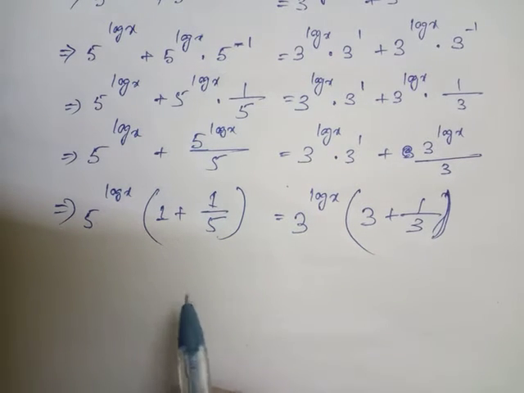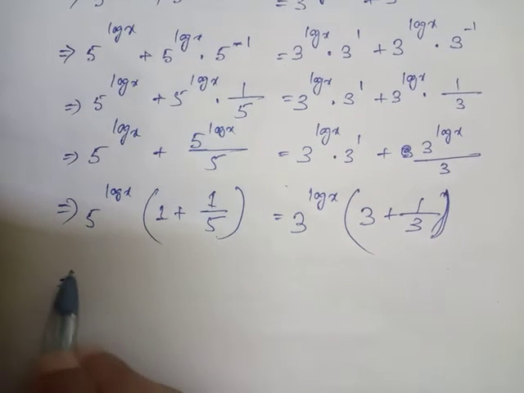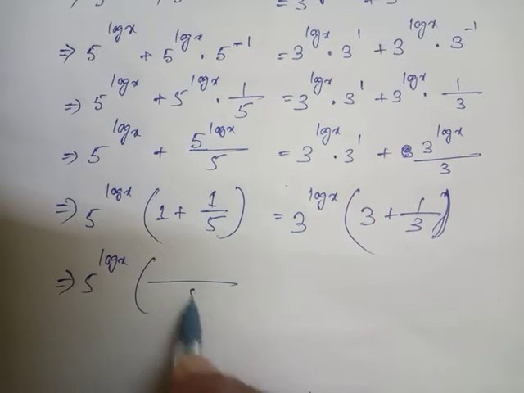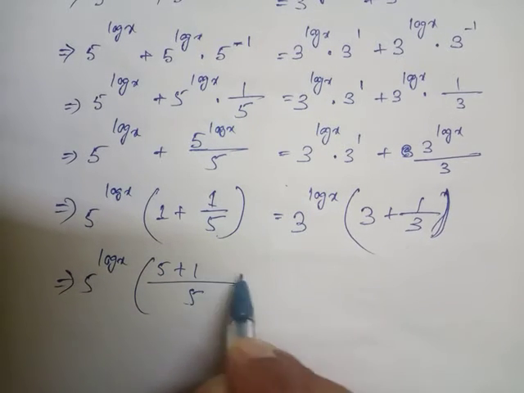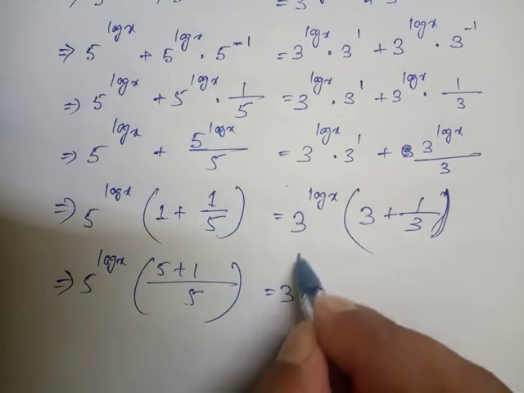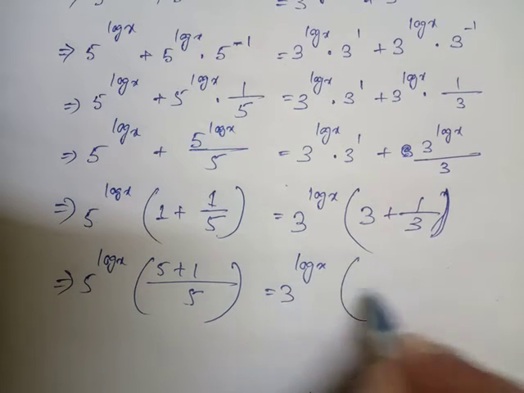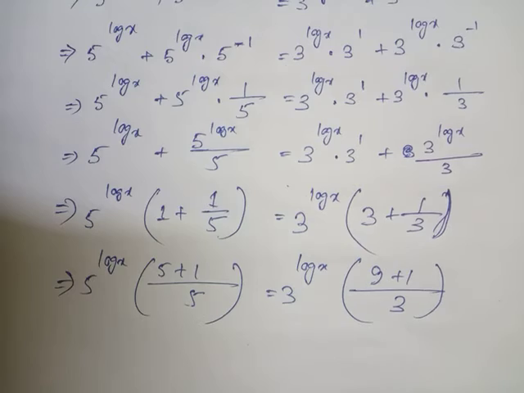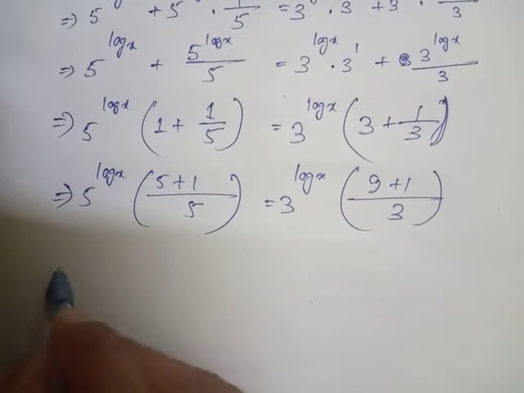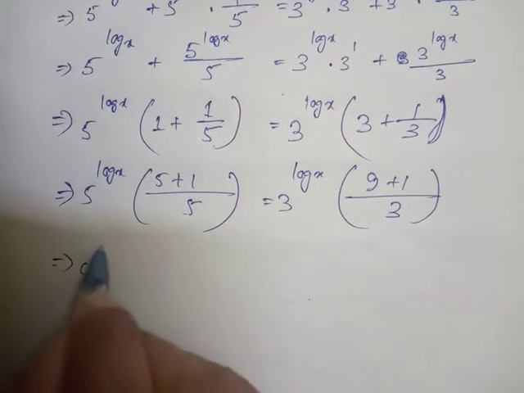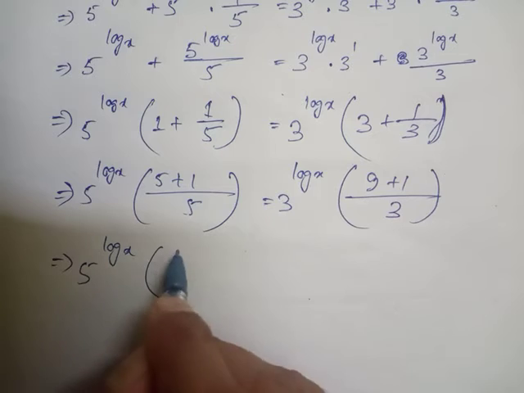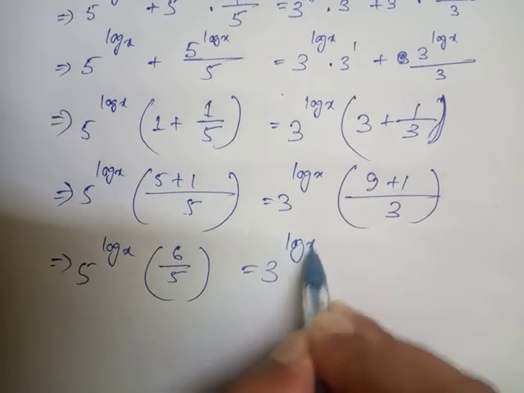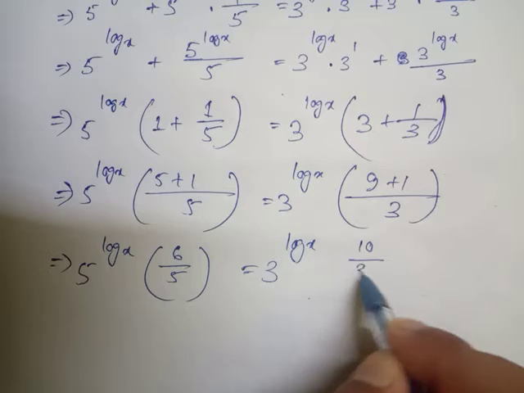Student, now we'll take the LCM here. 5 to the power log x, LCM is 5, 5 plus 1. 3 to the power log x, LCM is 3, 9 plus 1. Now how to solve this portion? 5 to the power log x, 5 plus 1 is 6 by 5, 3 to the power log x, 9 plus 1 is 10 by 3.